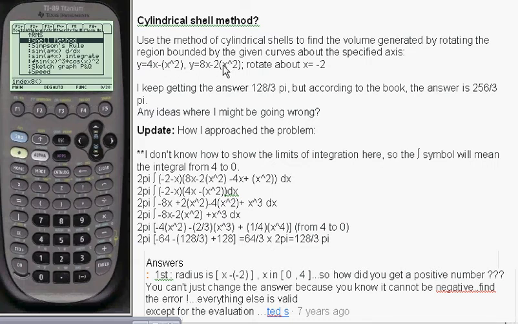But then I have to revise that now, because now they got two functions and rotating about x equals minus 2. It should be saying the axis is x equals minus 2, or radius. So anyways, we're going to press enter to get to the shell method.